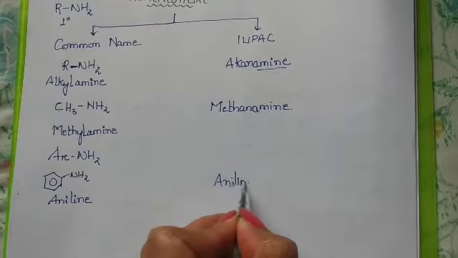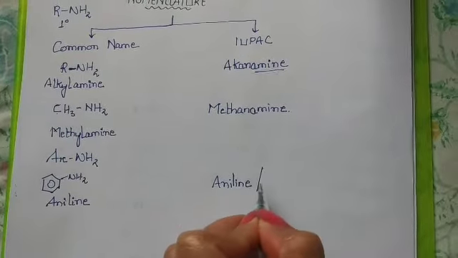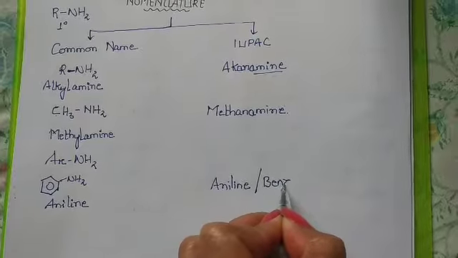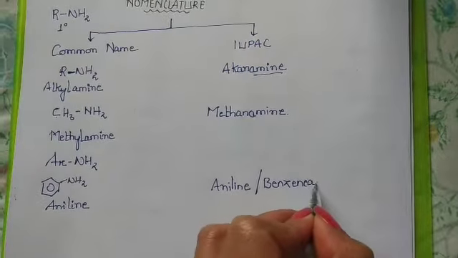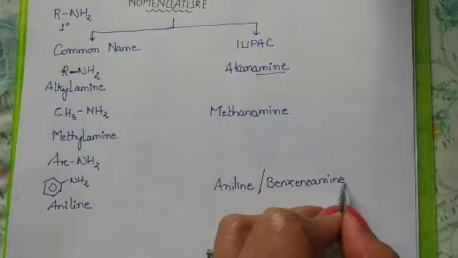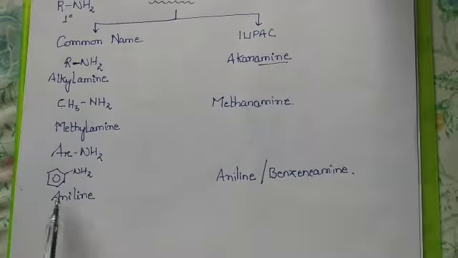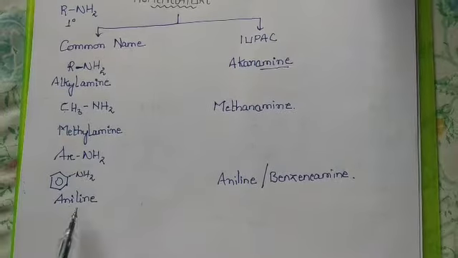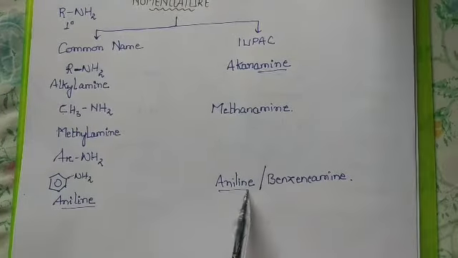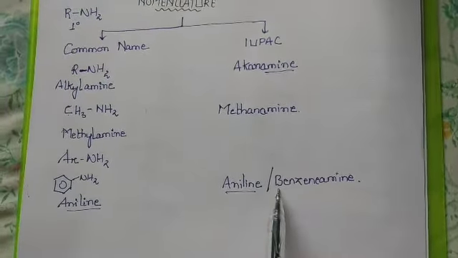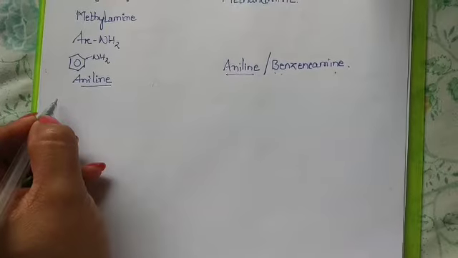The IUPAC name can also be written as aniline or benzene amine. The common name for an aromatic amine is aniline, and the IUPAC name can be benzene amine.